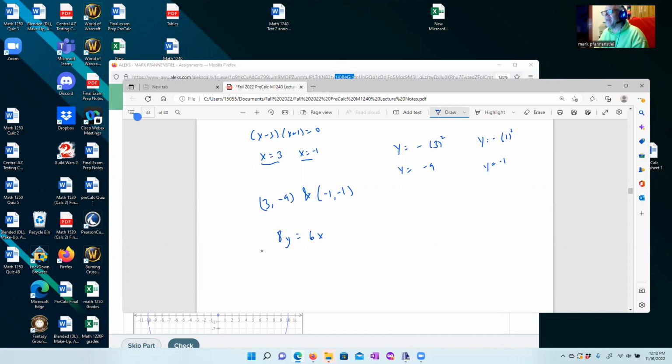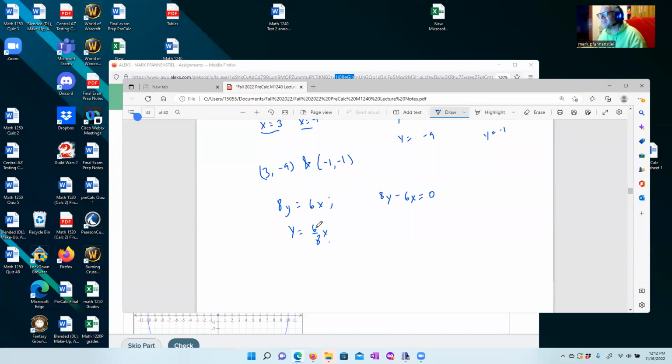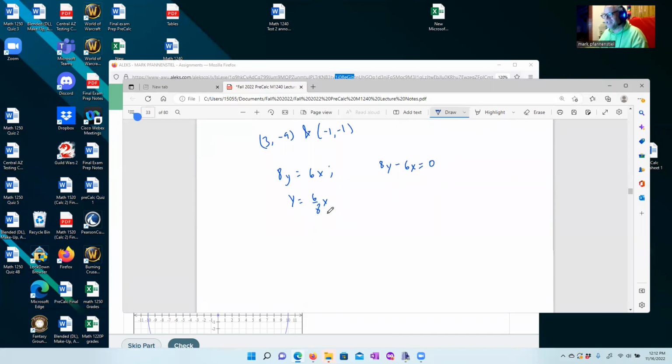Put this in a way that's easiest for you to deal with. Some people like general form. Or you can say, I like function form, y equals 6 over 8x. So we have a nice independent variable and a dependent variable. Whichever way is going to work for you the best is the way I want you to do it.